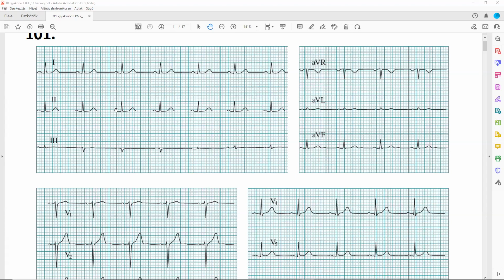Do we have a P wave in front of the QRS? Yes, we do. And this P is coming rhythmically and the shape is about the same. It is positive in lead number 2 and negative in AVR, so it can be a sinus rhythm. Everything fits into the normal sinus rhythm. So that's your diagnosis, a normal sinus rhythm.